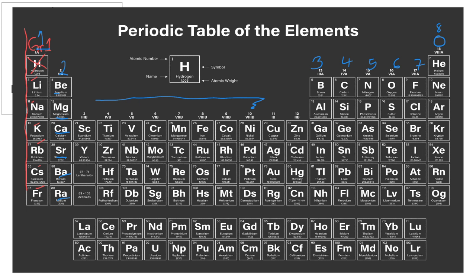Okay, so the group 4 elements, don't bother yourself about them. Group 4 elements don't form ions. They will form bonding, but they will not lose or gain electrons, as it were. So group 4, they are not involved in what we are talking about.